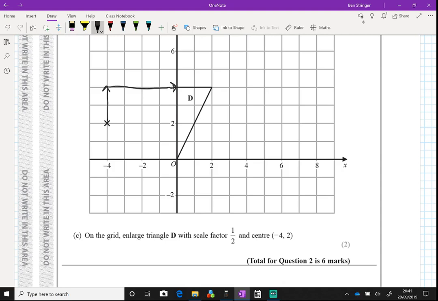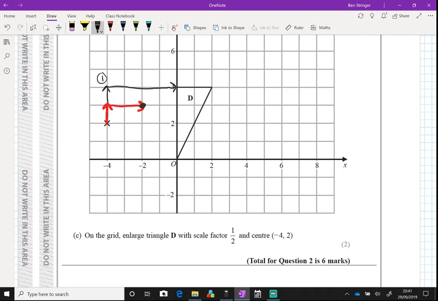I would double each of these, but because I'm doing scale factor a half, I need to half each of these. Rather than going up 2 units, it would just be 1 unit, and rather than going along 4, it's across 2. So that's where the top left hand vertex would lie, this one here.